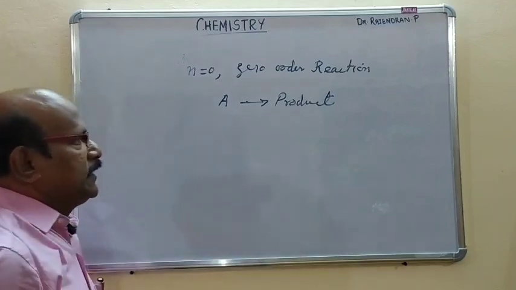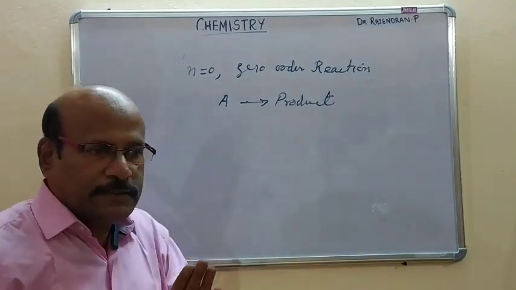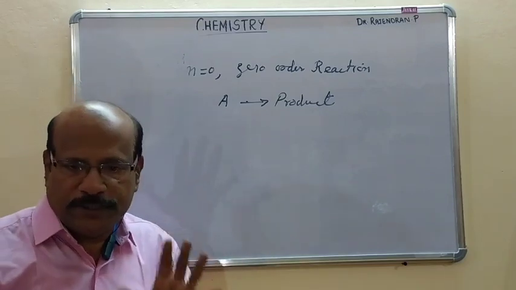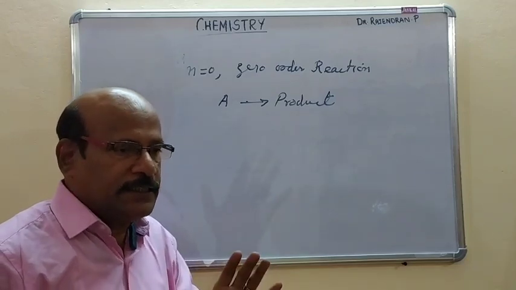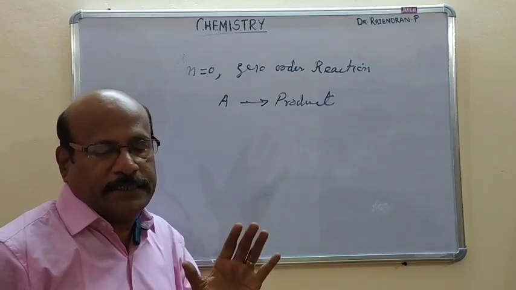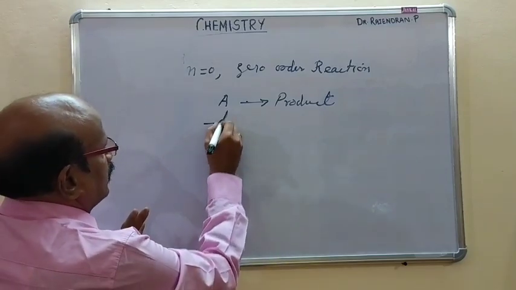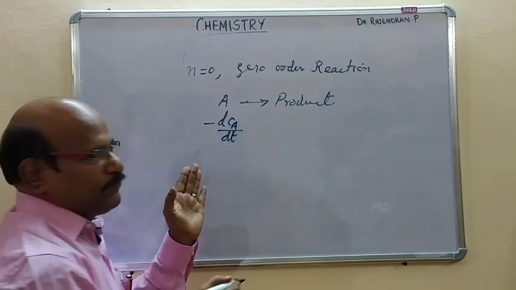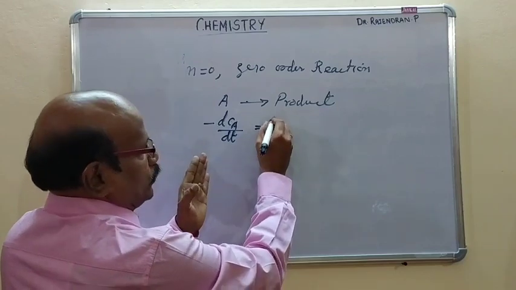If C_A is the concentration of A, then the derivation always starts from the differential rate expression, that is, minus dC_A by dt, the instantaneous differential rate equation, is equal to k.